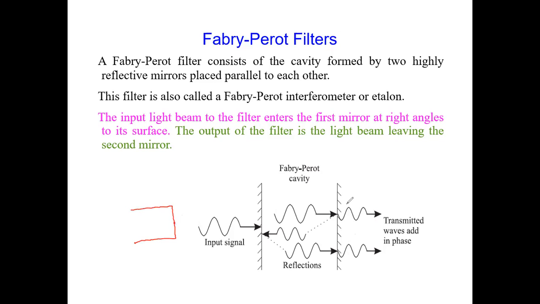Looking at this you will feel that it is coming out from here and here as well, but it is not like that. It is actually coming out from one single spot, but here different transmitted waves are shown which are in phase with each other. So let us understand again in detail what actually happens.